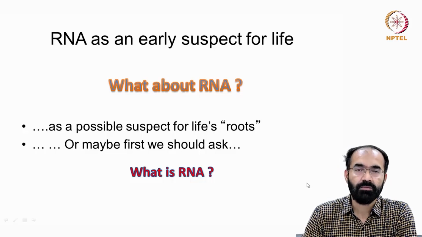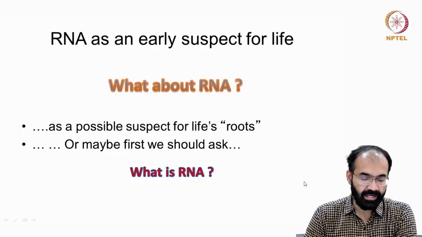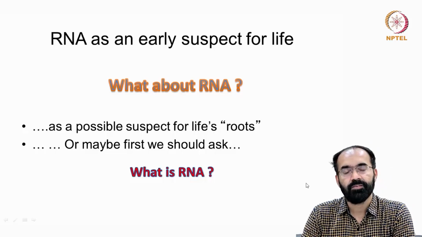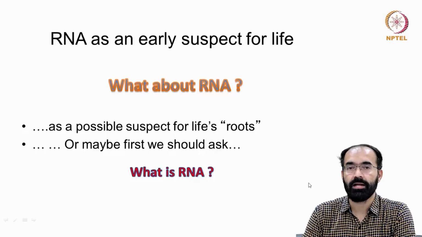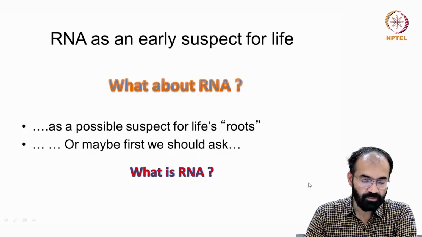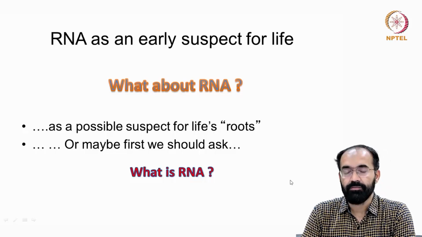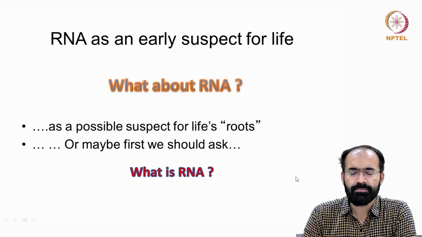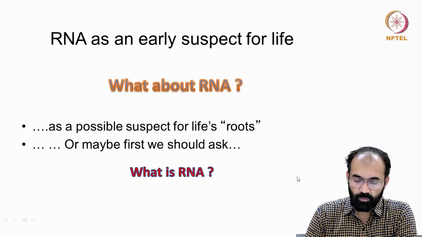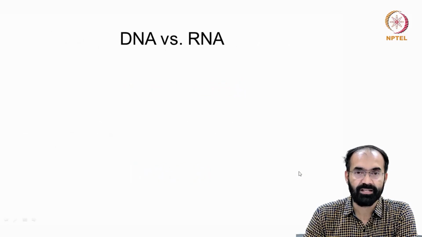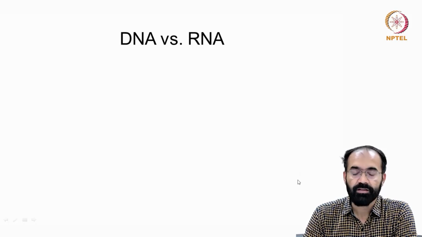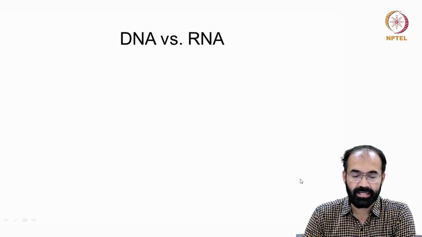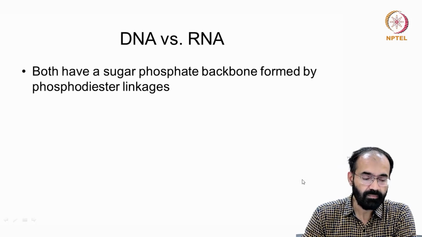Let us see what benefits RNA has. It is a very possible molecule to have started the initial reactions in the prebiotic world. We should try to understand in more depth what RNA actually is. To do further analysis, we must compare DNA and RNA.